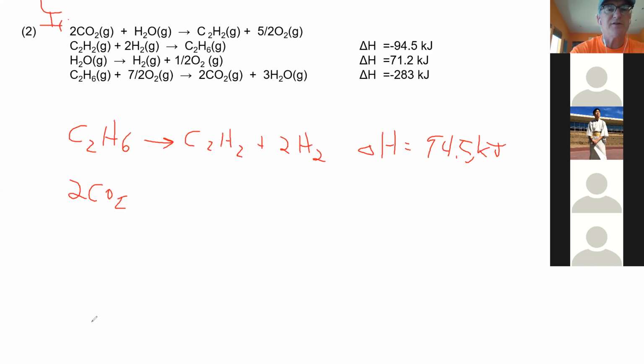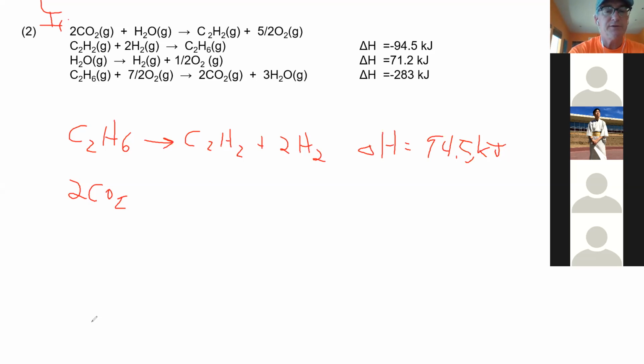2CO2, and since these are all gases, I'm not bothering to write down the phases, gas, liquid, or solid, but you will have ones where one of the reactions will be changing a gas to a solid, or a solid to a liquid, or a liquid to a gas. That's a physical change, but it's still a reaction, and you need to take that into account.